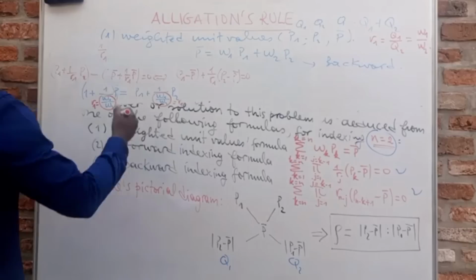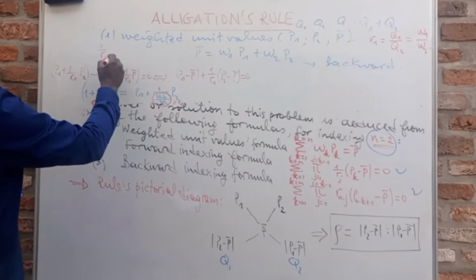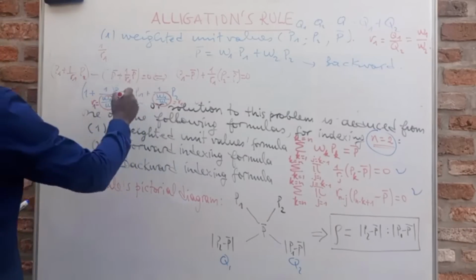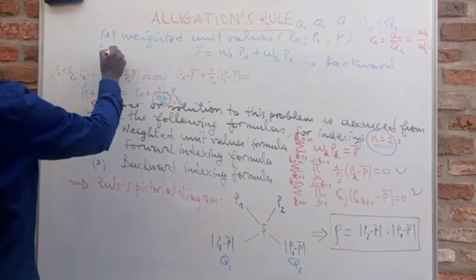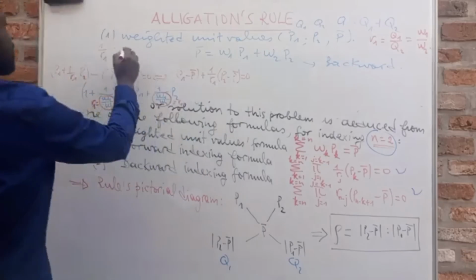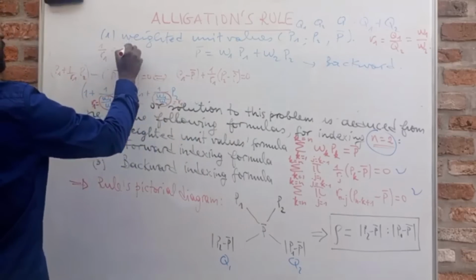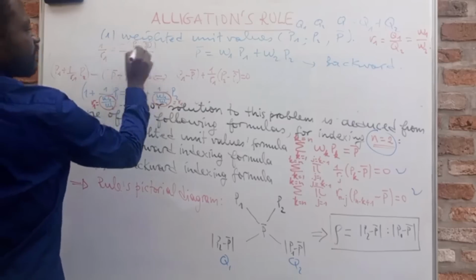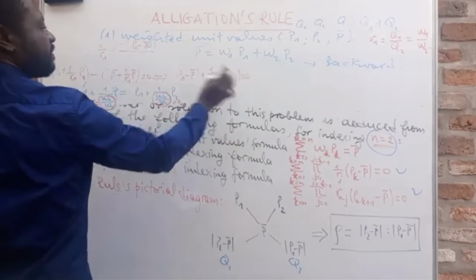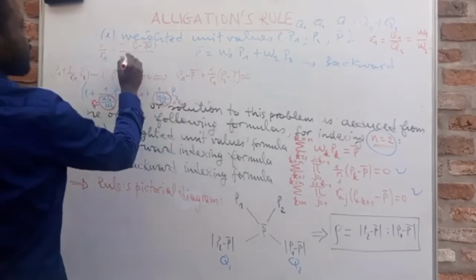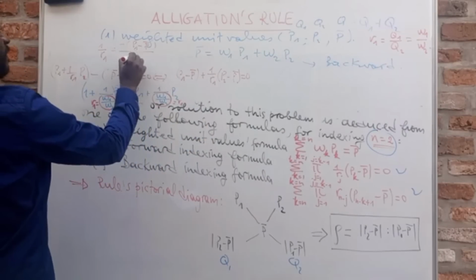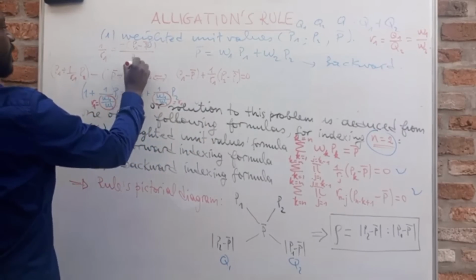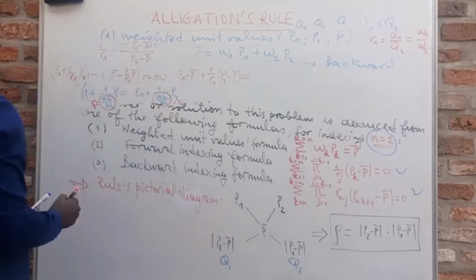Now here we are going to have a situation. If I move this one to the other side, I'm going to have negative P1 minus P bar. Now if I want, I divide by the factor of the reciprocal, I get P2 minus P bar.